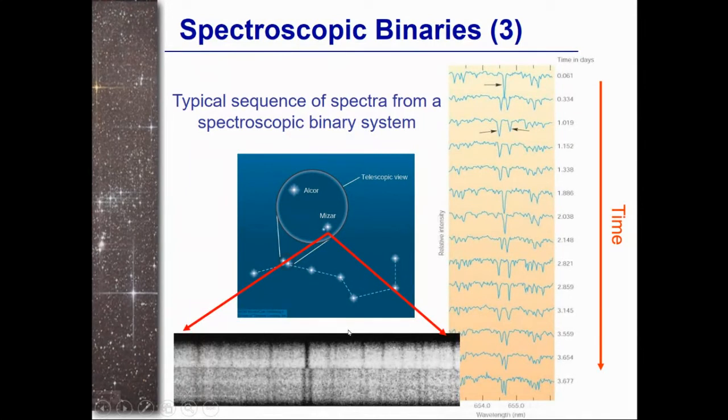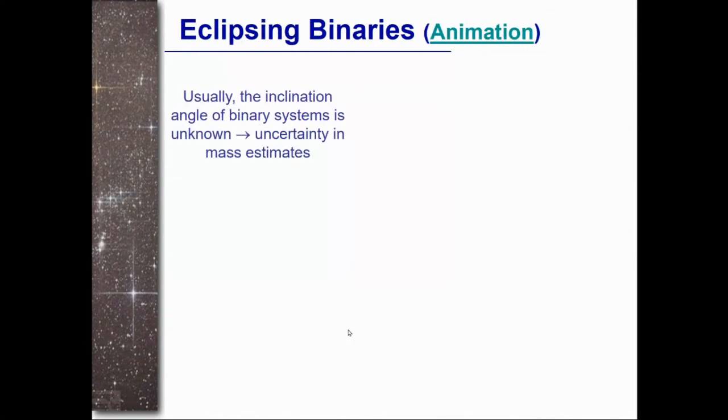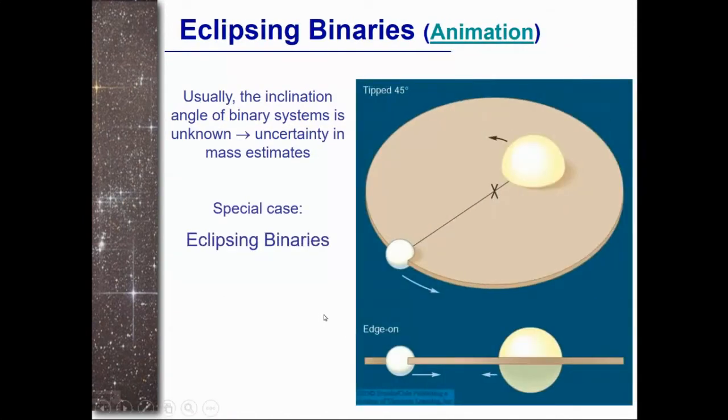So if the separation between the two stars is one that we cannot measure or detect visually, then we can rely on spectroscopy, and we call that spectroscopic binaries.